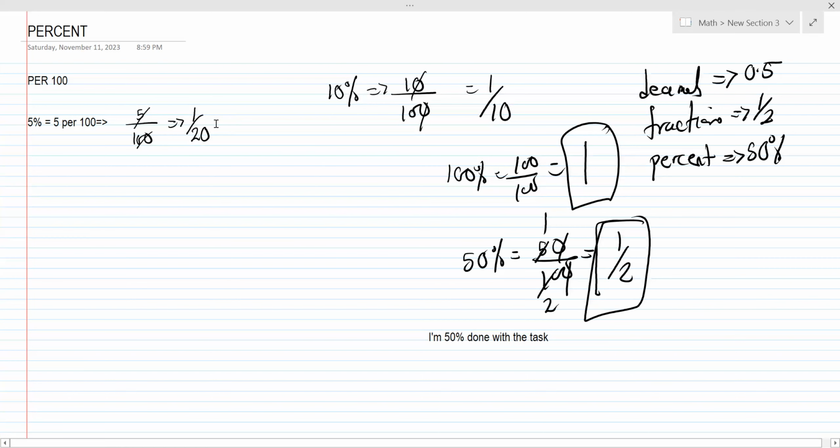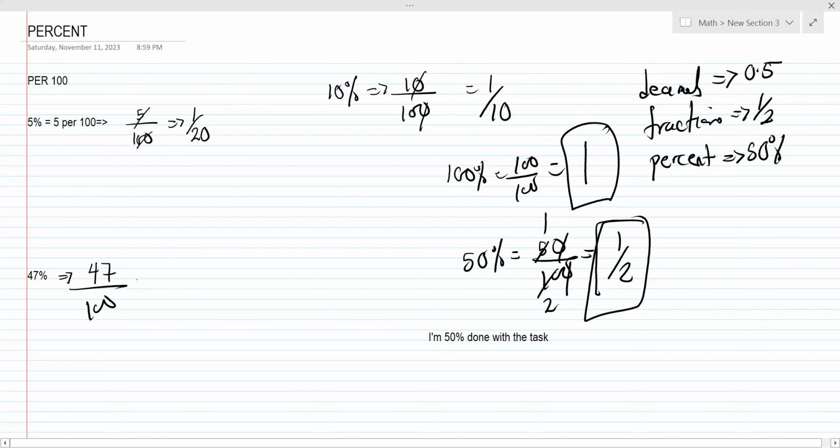So let's try. Now, not every percent can be simplified. Let's say we have 47%. Okay, 47%. That will be 47 over 100. You can't really simplify this because 47 and 100 don't have a common factor.